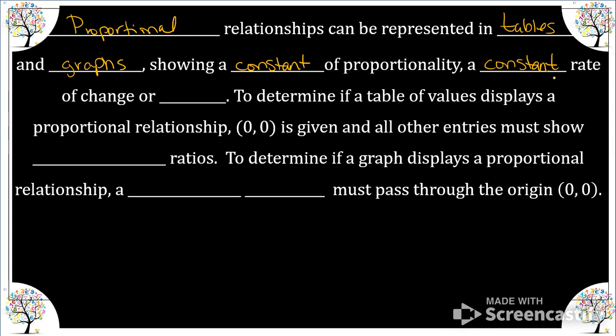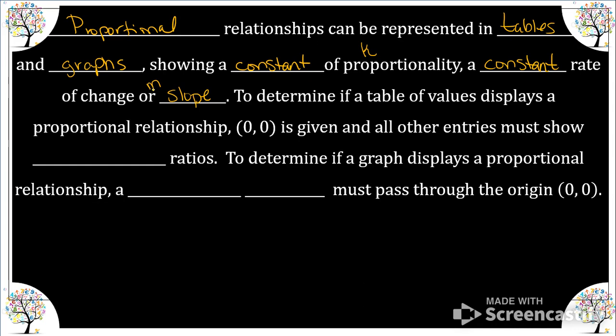Another new term that represents a constant rate of change is called slope. So a constant of proportionality, remember we use the variable k. A constant rate of change or slope, we use the variable m.